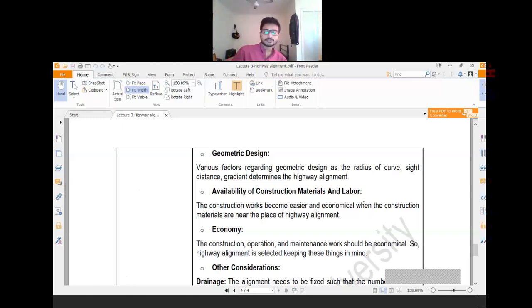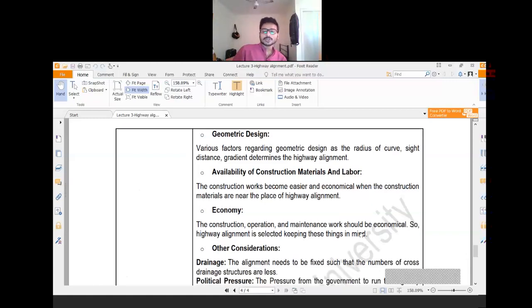Okay, if the material is not easily accessible from the site location, then your transportation cost to transport all this material to your site will be very high, and ultimately it will increase the total cost of the project. Then economy: the construction, operation and maintenance work should be economical. So highway alignment is selected keeping these things in mind.